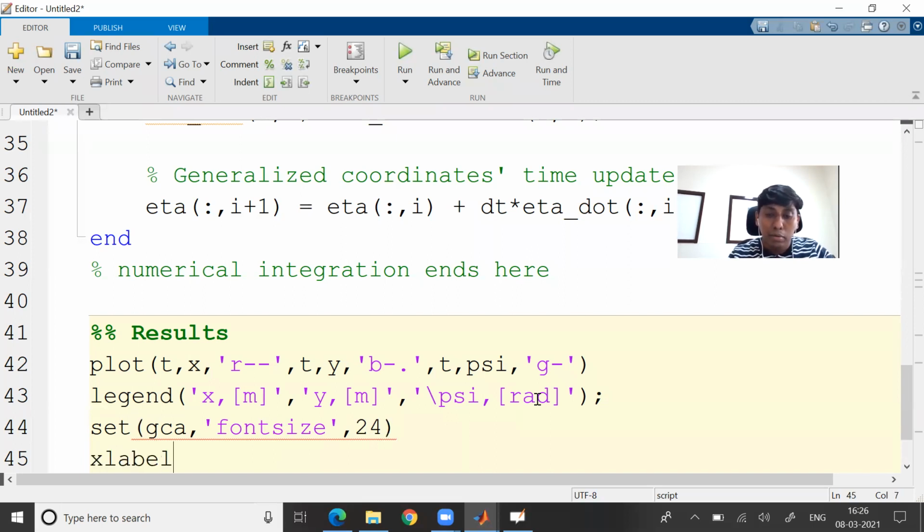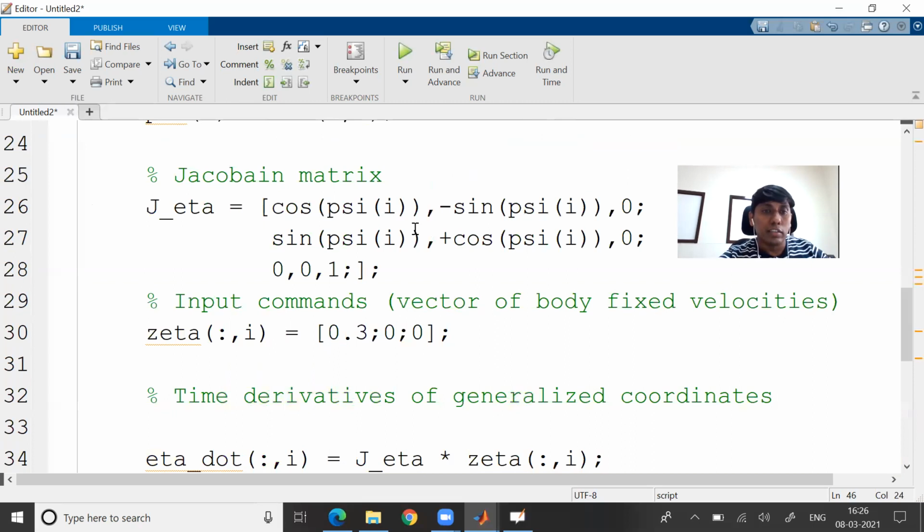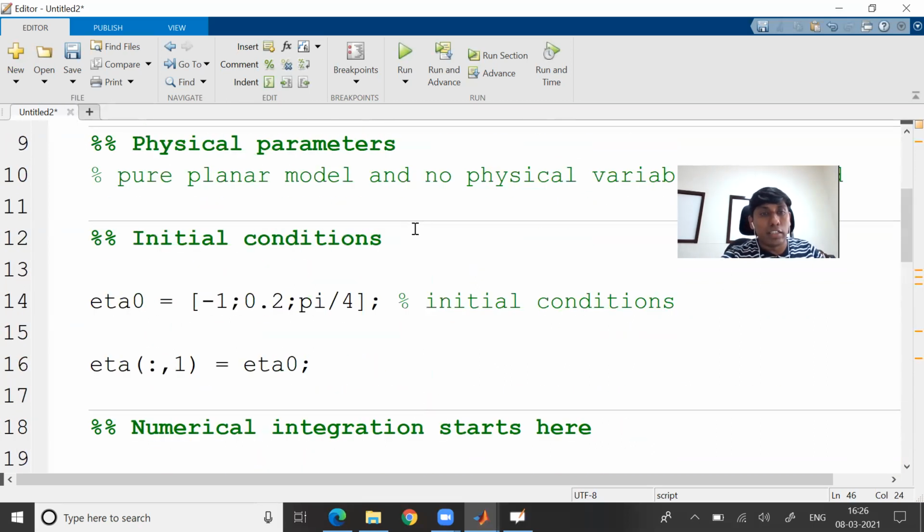Then the X label would be time in second, and the Y label I'm just writing as a simple variable, but this is an array, so it would be units. Now if I run this, we will see whether there is any error.